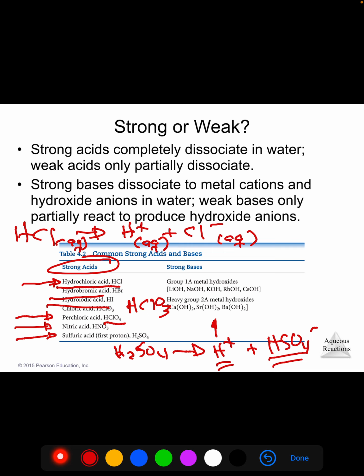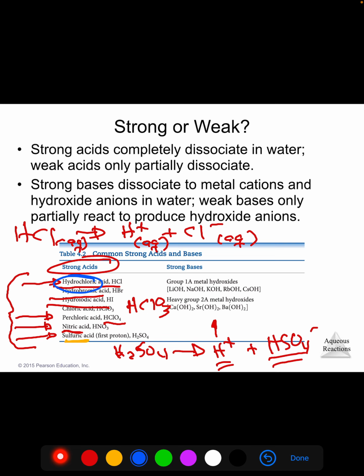So these 4 are sometimes included in a list of the strong acids because you can find them and identify them. It's easy to pick them out in the lab. This one has a yellow top. Nitric acid has a red top. Perchloric acid, sorry, you won't be able to see it, has a white top. I'm going to erase that though. And hydrochloric acid has a blue top when you see them in the lab.